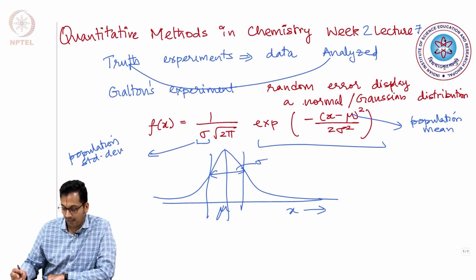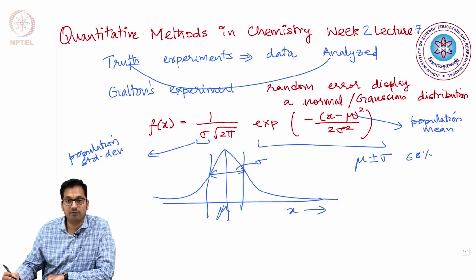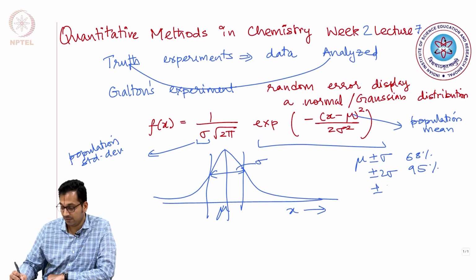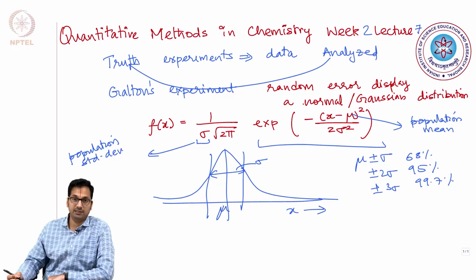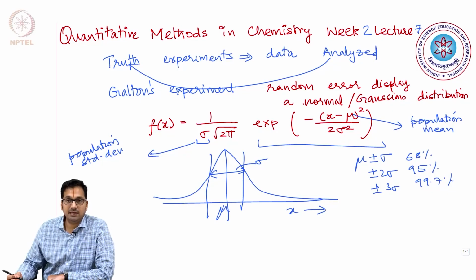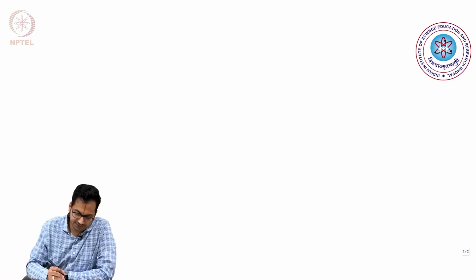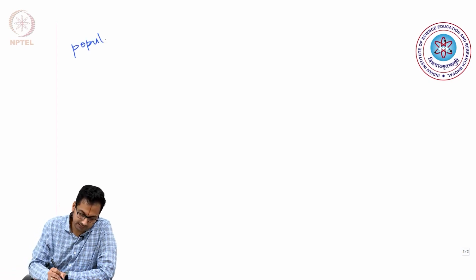And we learnt that measurements within one standard deviation correspond to about 68% of data, within 2 standard deviations correspond to 95% of data, and within 3 standard deviations correspond to 99.7% of data. So this gives you an understanding that if you do get numbers, where can they fall and what does it mean?